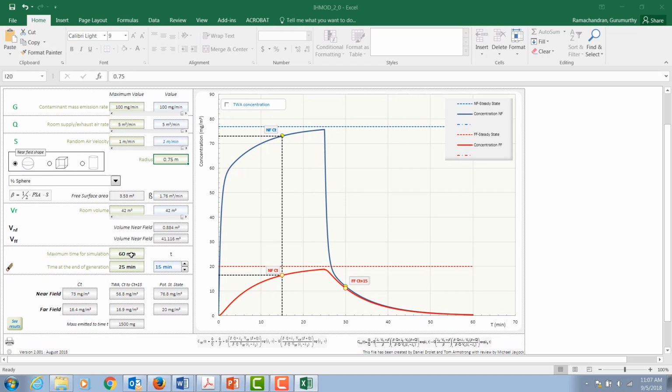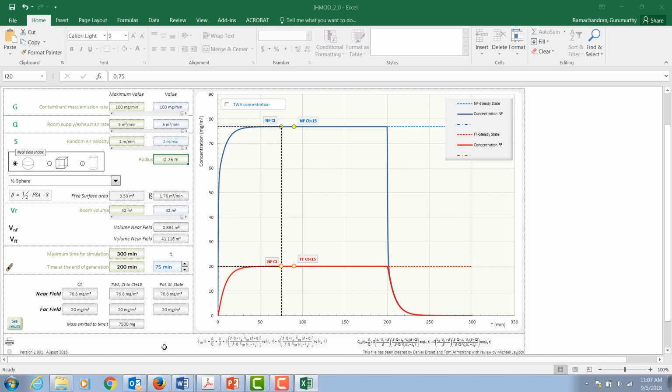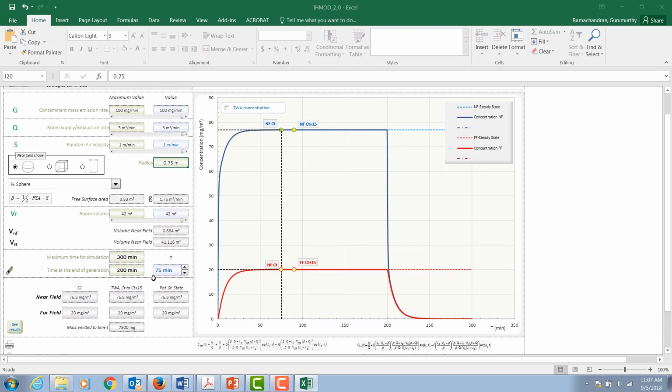We can set the time for simulation, and so I'm going to set it to 350 minutes as before, or let's make it 300 minutes. And the time at the end of generation, let's make it 200 minutes. And just as in the previous case of the well mixed room model, we can find the value of the concentration at different points in time.